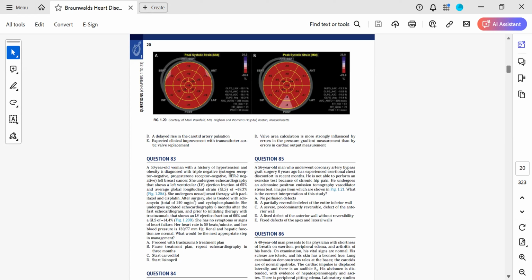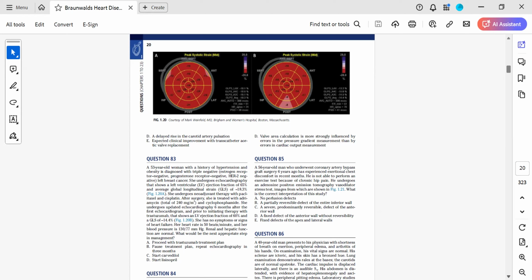Okay, thank you. So question number 83 says, a 53-year-old woman with a history of hypertension and obesity is diagnosed with triple negative, estrogen receptor negative, progesterone receptor negative and HER2 negative left breast cancer.